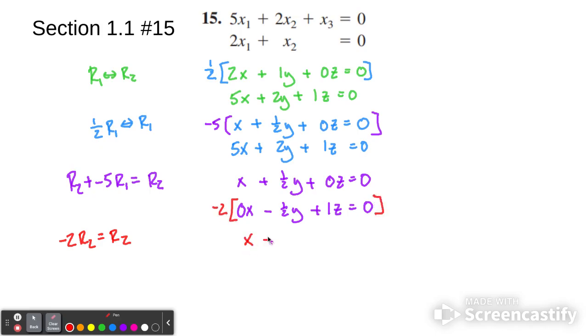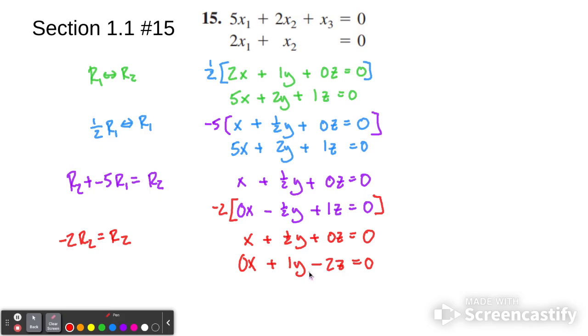So the first row stays the same. And then I simplify the next. -2 times nothing still gives me nothing x. You might leave that blank; I'm just doing that because it helps me visually. I have -2 times -1/2, which is plus 1y. And then -2 times 1 is minus 2z is equal to 0.